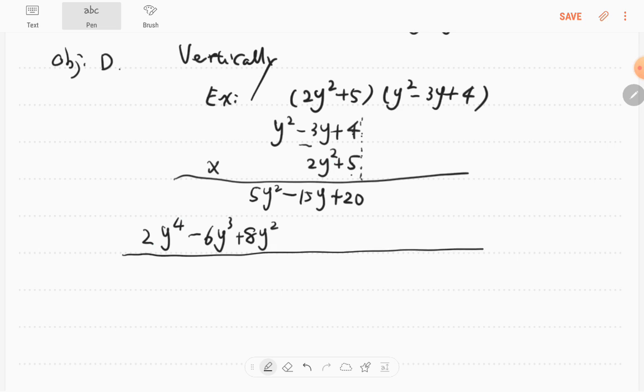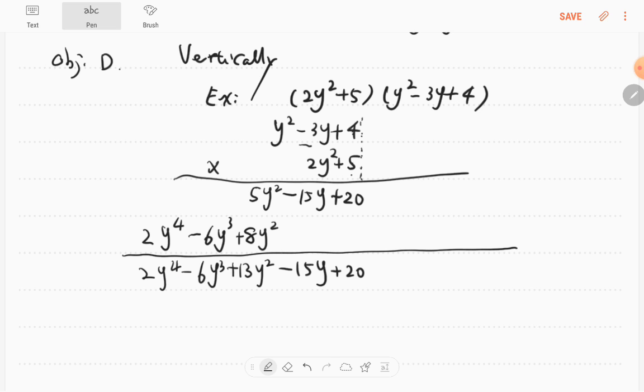After that, we only need to do the addition of the polynomial. So here we do not have anything, we just copy down. But from here we have two rows, right? So we should do the addition of them. So we will have 13y squared, then we copy down the remaining part.